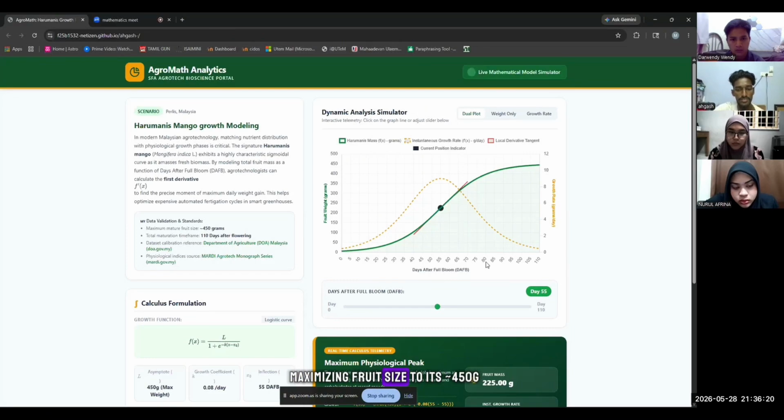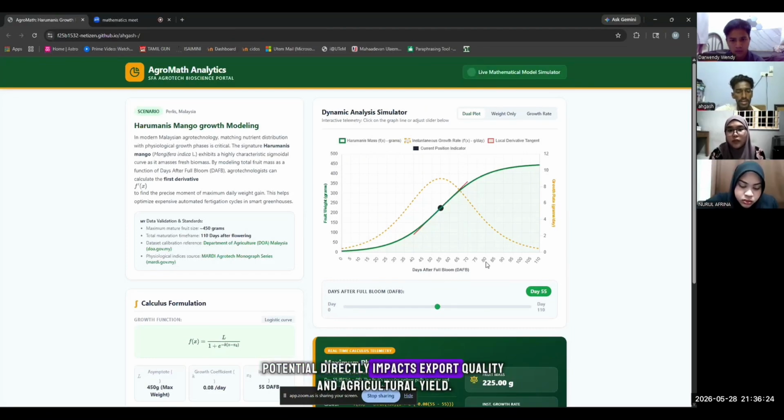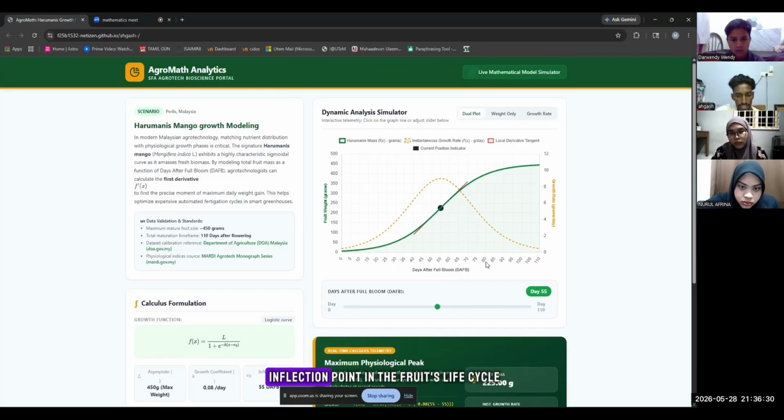Maximizing fruit size to its 450 gram potential directly impacts export quality and agriculture yields. Third, pest mitigation. Identifying the exact inflection point in the fruit life cycle tells farmers exactly when the fruit is most vulnerable, enabling timely physiological intervention to protect the crops.